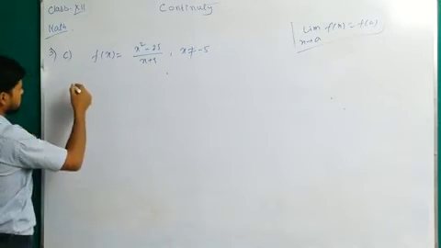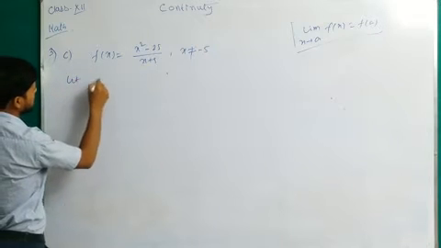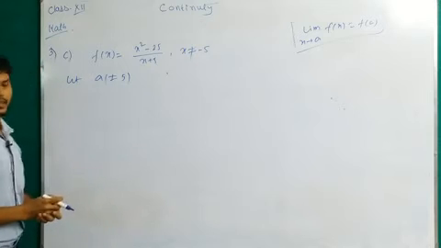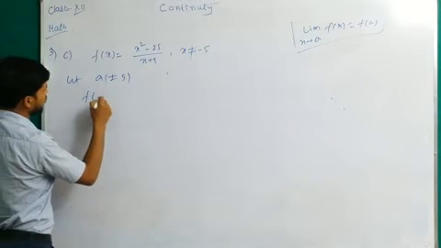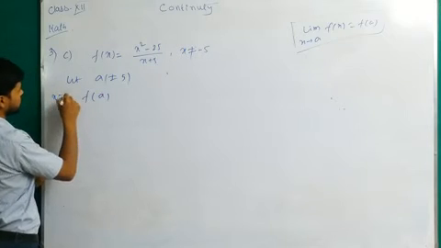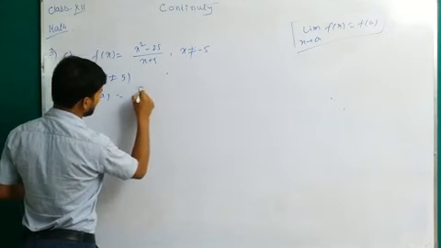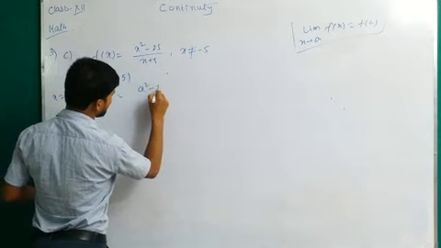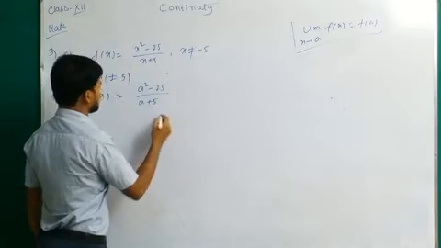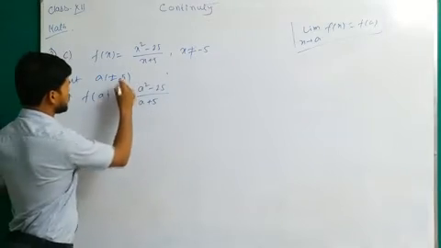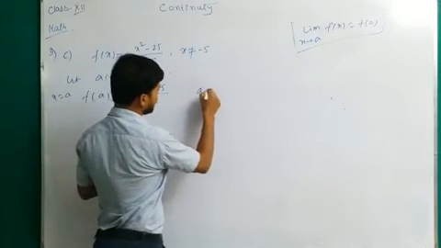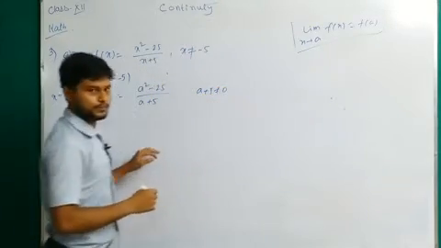So let us consider a number a in the domain, where a is not equal to minus 5. Now calculate the functional value of f at x equal to a. So it will be a square minus 25 by a plus 5. As a is not equal to minus 5, the value of the denominator is not equal to 0, means a plus 5 is not equal to 0.